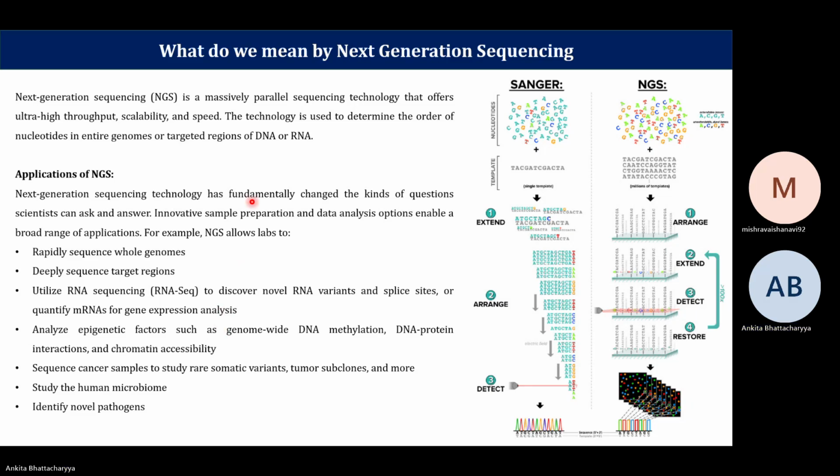What is the idea or the application of NGS? Let me just read it. It has fundamentally changed the kind of questions that scientists can ask and answer. So NGS allows labs to first rapidly sequence whole genomes. Second, deeply sequence target regions. What do we mean by deeply sequence?